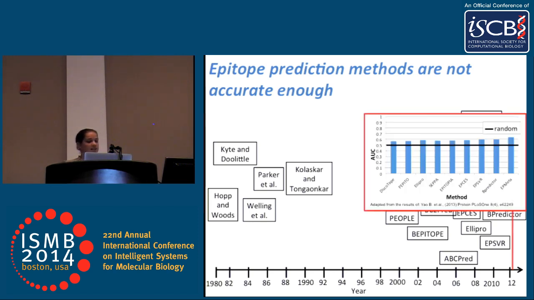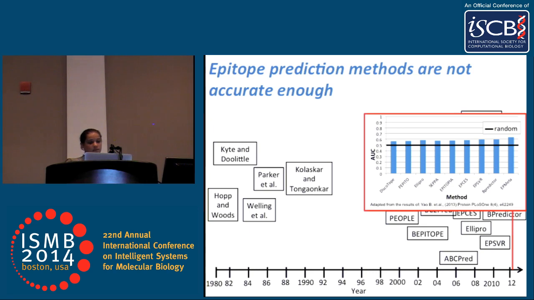But still, last year, Yao and co-workers published a study showing that many of these methods have an AUC that is not substantially better than a random AUC of 0.5, as you can see here. So altogether, we can say that antibody epitope prediction methods are not accurate enough.